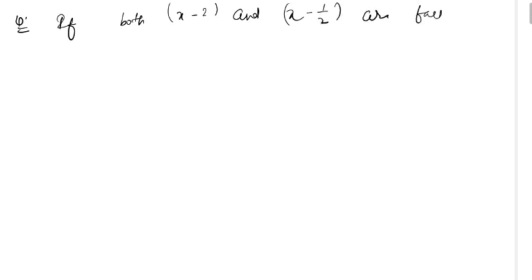Okay dear students, we have another question. If both x minus 2 and x minus 1 by 2 are factors of a given polynomial px square plus 5x plus r, then we have to prove that p equal to r.